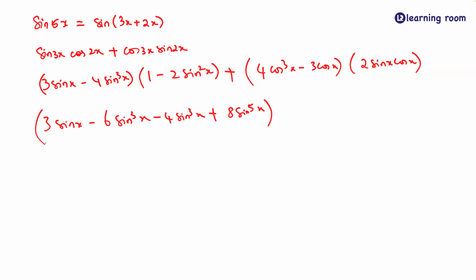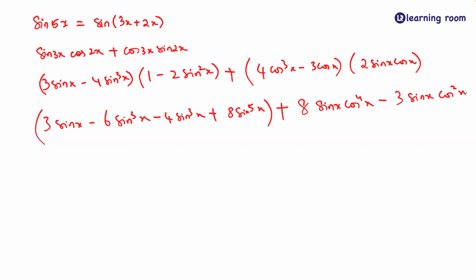What are we supposed to do here? 4 into 2, 8 cos cube x into cos x. So you have sin x into cos power 4 x minus 3 sin x into cos square x. Wherever you have cos raised to an even power, what will you do?